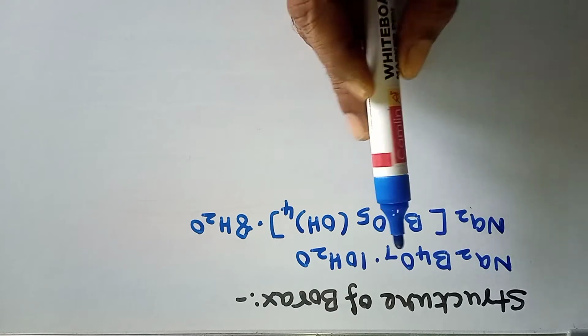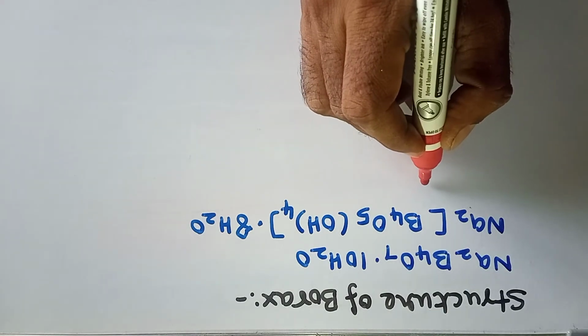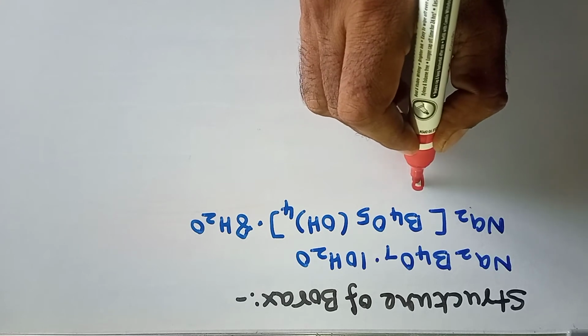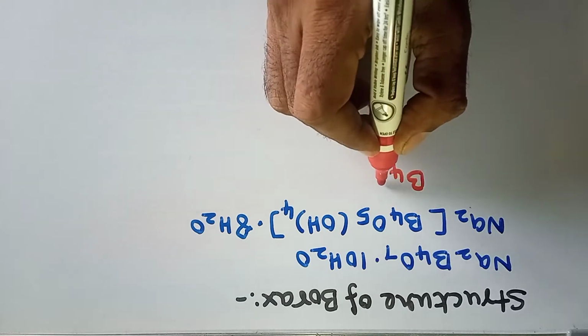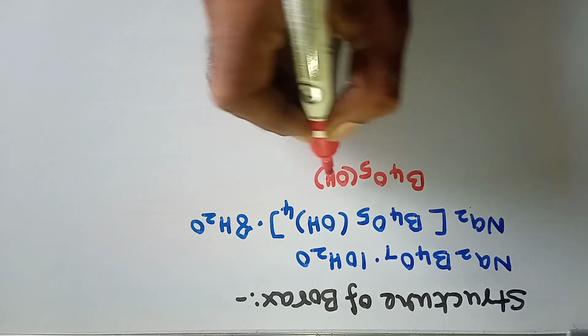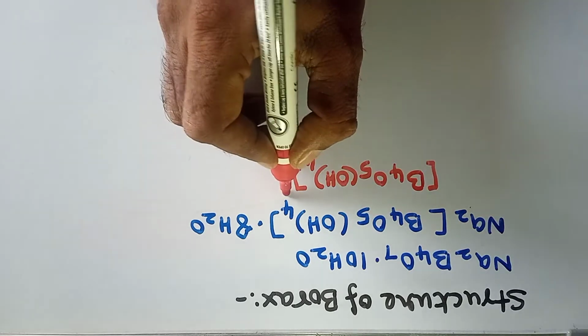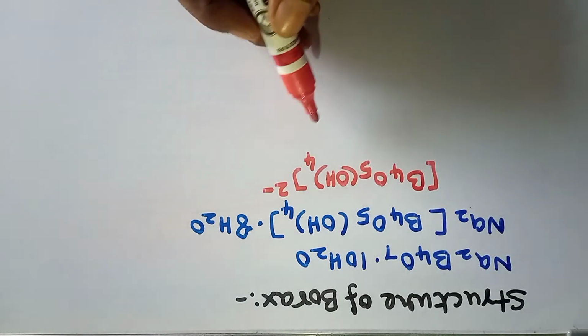It is also present as a tetranuclear unit. The boron is present as a tetranuclear unit, [B4O5(OH)4]2-, which is an anion.